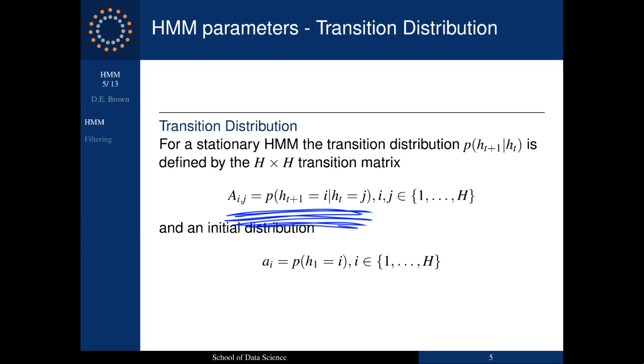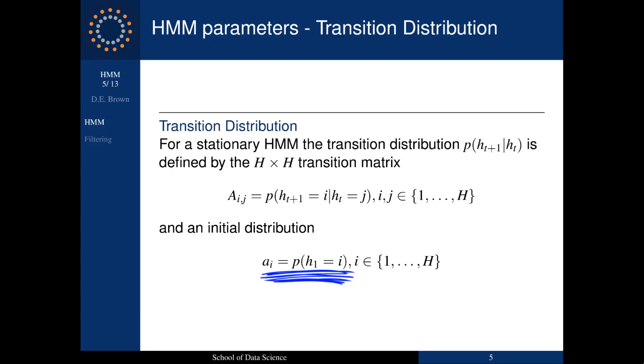We're going to let a sub ij be defined to be this matrix. The components of the matrix A are a sub ij, where j is the state that the hidden unit at time t is in, and i is the state that the hidden unit at time t plus 1 is in. Again, these states come from 1 through capital H, the number of states in the hidden units.